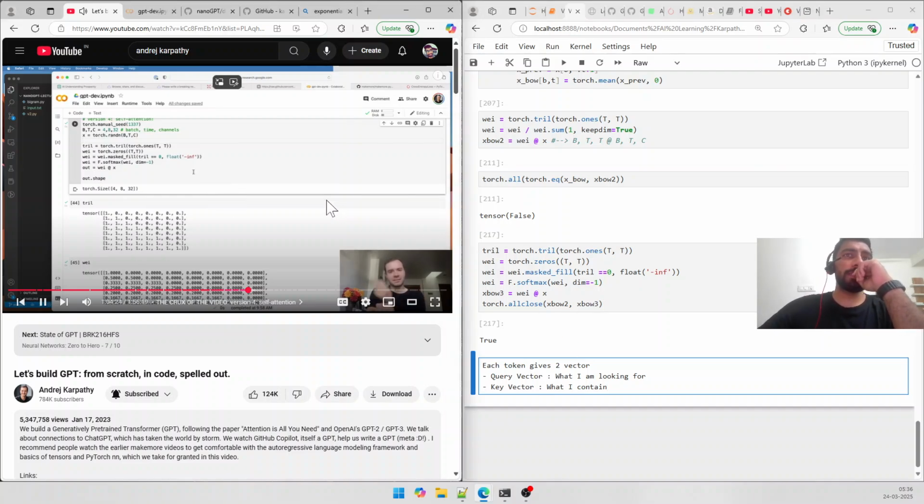The way we get affinities between these tokens now in a sequence is we basically just do a dot product between the keys and the queries. So my query dot products with all the keys of all the other tokens, and that dot product now becomes the weight.